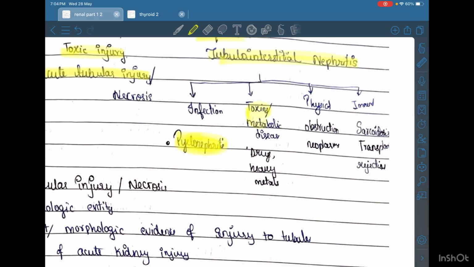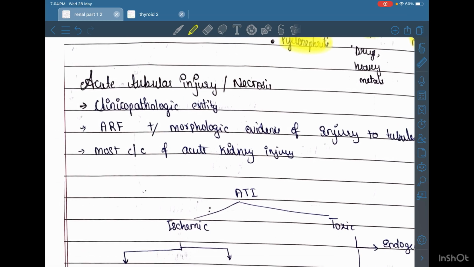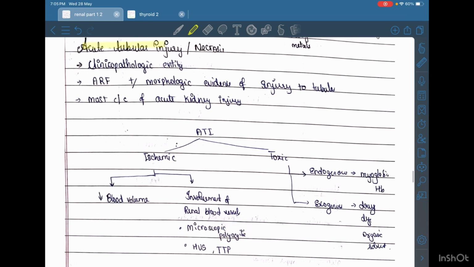If it is toxins, it can be by physical obstruction, neoplasm. It can be immune, like sarcoidosis, transplant rejection and so on. Main thing, now let us learn about acute tubular injury or necrosis. Very important. This is the most common cause for acute kidney injury. Okay, so it is a clinicopathological entity.